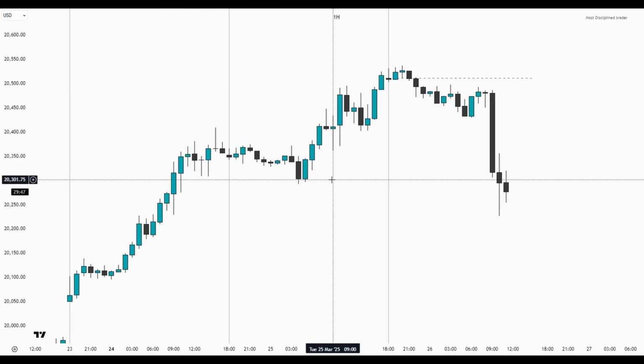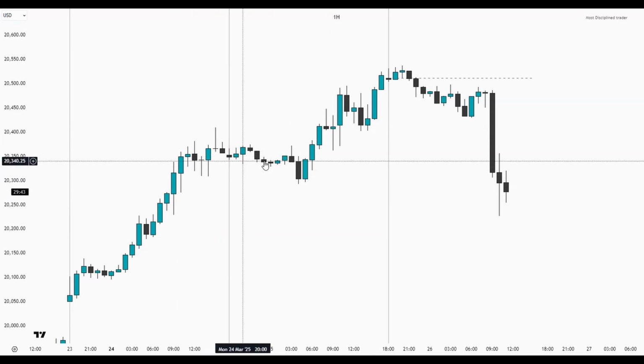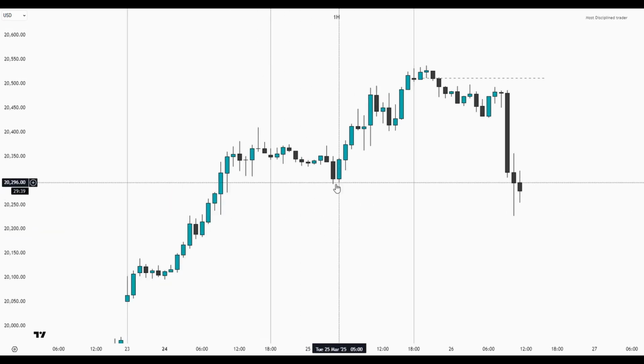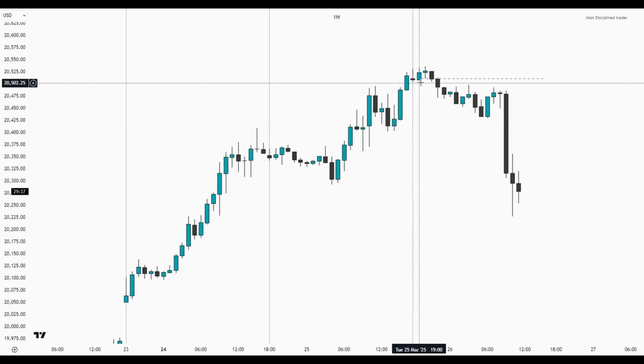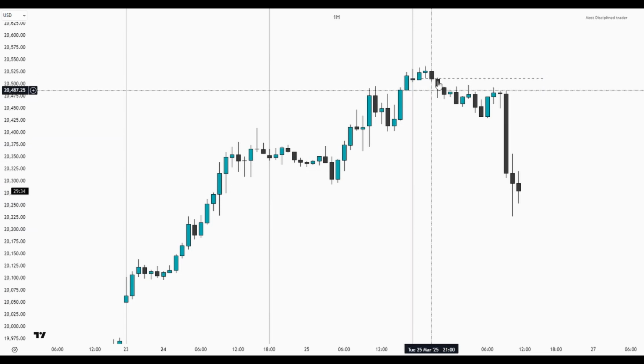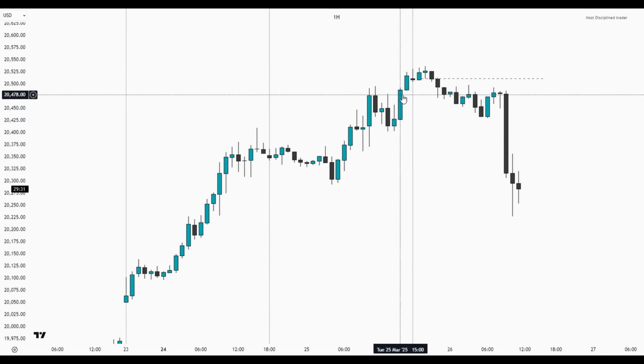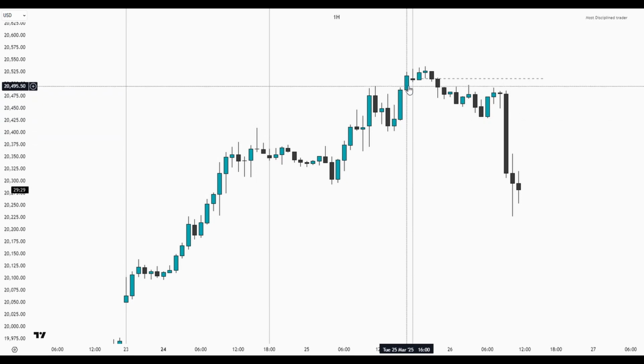So going over to the 1 hour, I did say the 4 hour, but it's easier to see these things on the 1 hour. For me anyway, I can see more trading steady deliveries on the 1 hour than I can on the 4 hour, so I'm just going to use it for that.